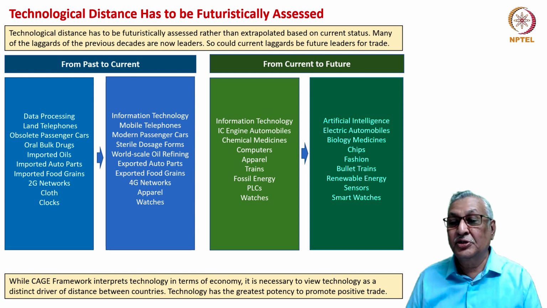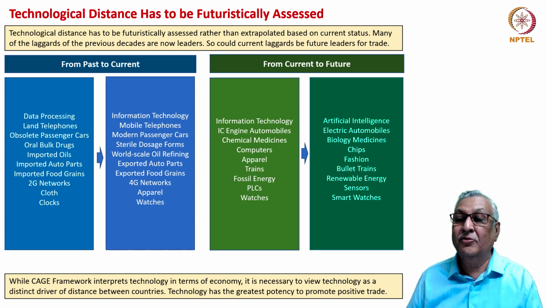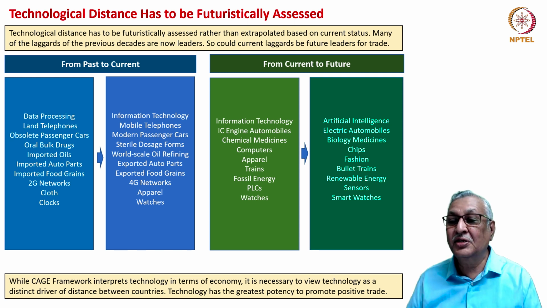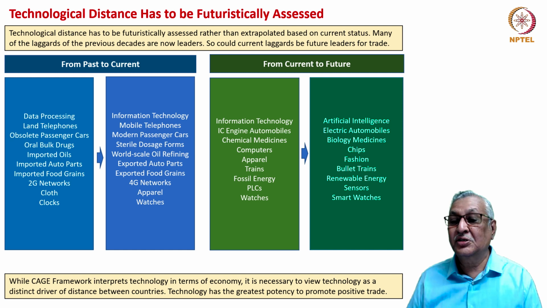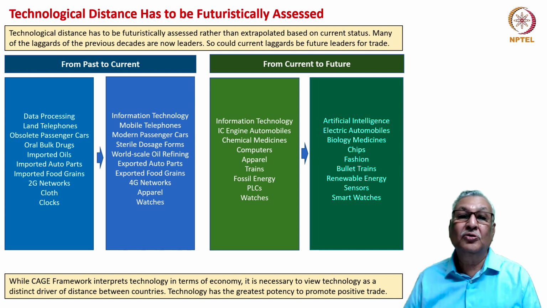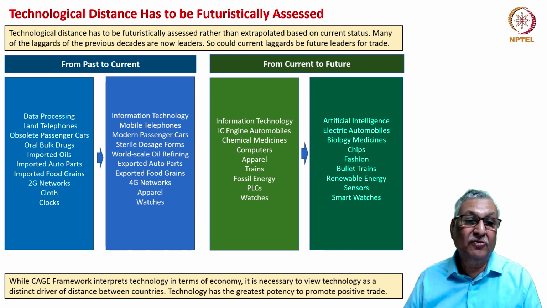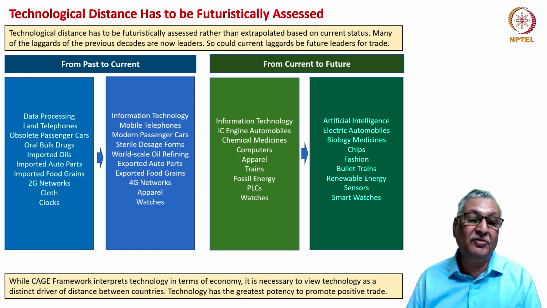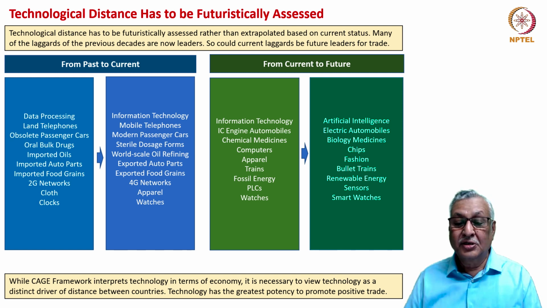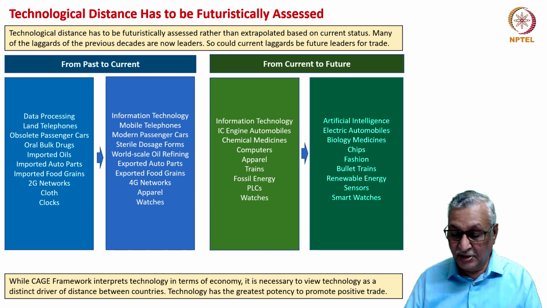But in future, we should be able to don the mantle of digitally driven economy, artificial intelligence, electric automobiles, biology, medicines, chips, fashion, bullet trains, renewable energy, sensors, smartwatches could drive globalization from India. The CAGE framework does interpret technology in terms of economy, but it is also appropriate to view technology as a distinct driver of distance between countries. Technology has the greatest potency to promote positive trade between countries.